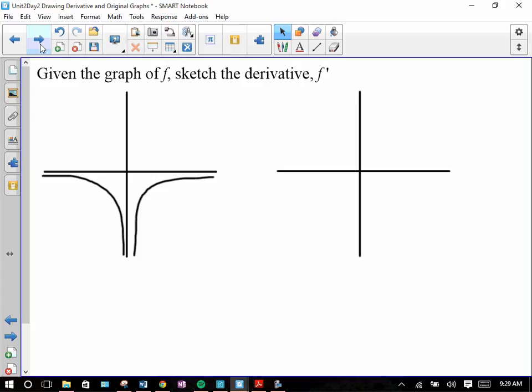So if there's a vertical asymptote, that means that the function is not continuous, which means that this function is not differentiable. So what does that tell us about the first derivative graph? It doesn't exist at x equals 0. So since this graph has a vertical asymptote, our first derivative should have a vertical asymptote at x equals 0 as well. Alright? So if we look at this, are there any maximums or minimums?